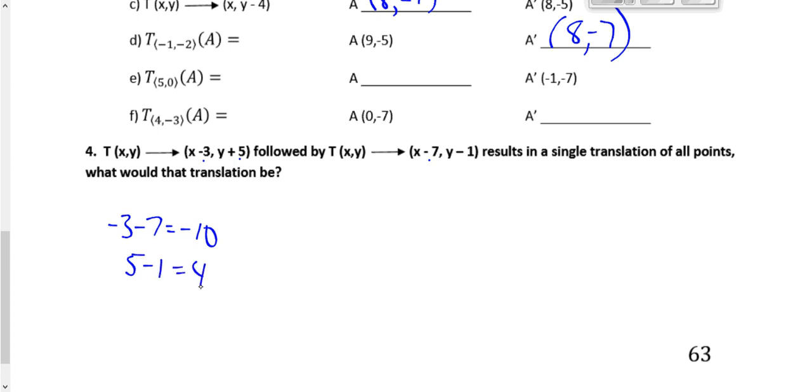So the cumulative result is you moved it left 10 and up 4. Does that make sense? So the rule would be x, y maps to x minus 10, comma, y plus 4.